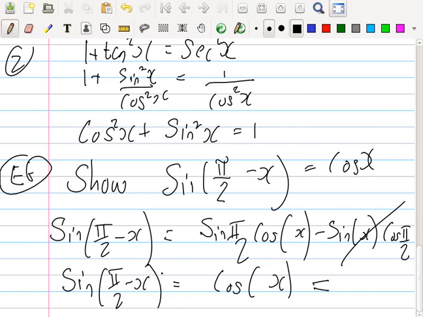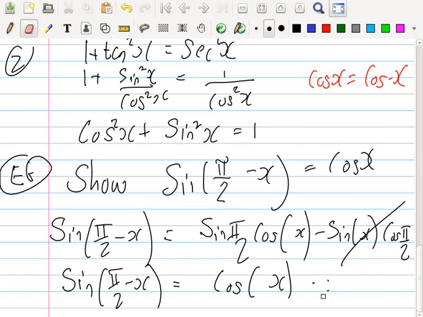Sorry, Faisal, what I actually did in my head for some odd reason was pi over 2 plus minus x. So sorry about that. There is no minus there. But anyway, even if there was a minus, that's perfectly fine because cos is an even function. So remember, cos x equals cos minus x. They're the same thing. So it actually wasn't a problem anyway.